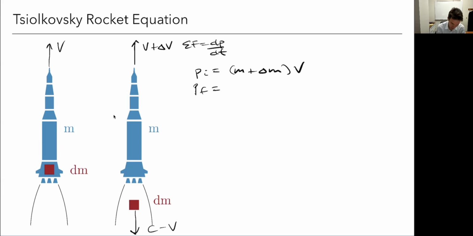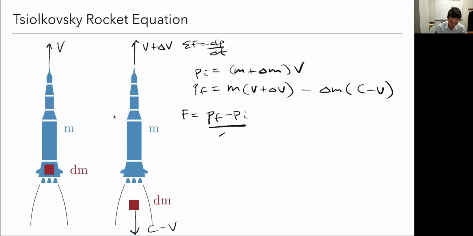So my final momentum is the blue part, m times v plus delta v, and the red part, moving down, I've got a minus delta m times c minus v. Okay, so those forces are going to be my final momentum minus initial momentum over the change in time. So I'm just going to expand each one of these terms. For final momentum, I've got mv plus m delta v, now doing this next term, minus delta m c plus delta m v.